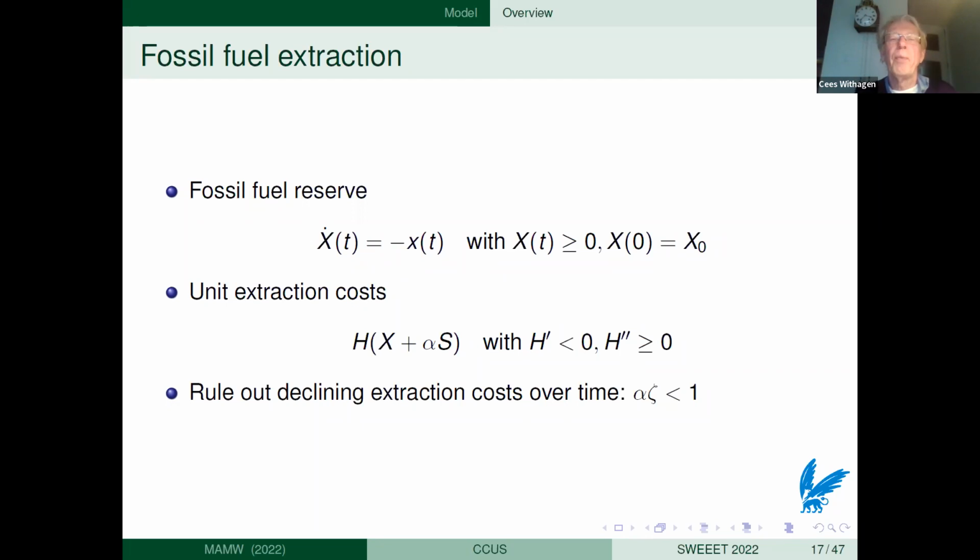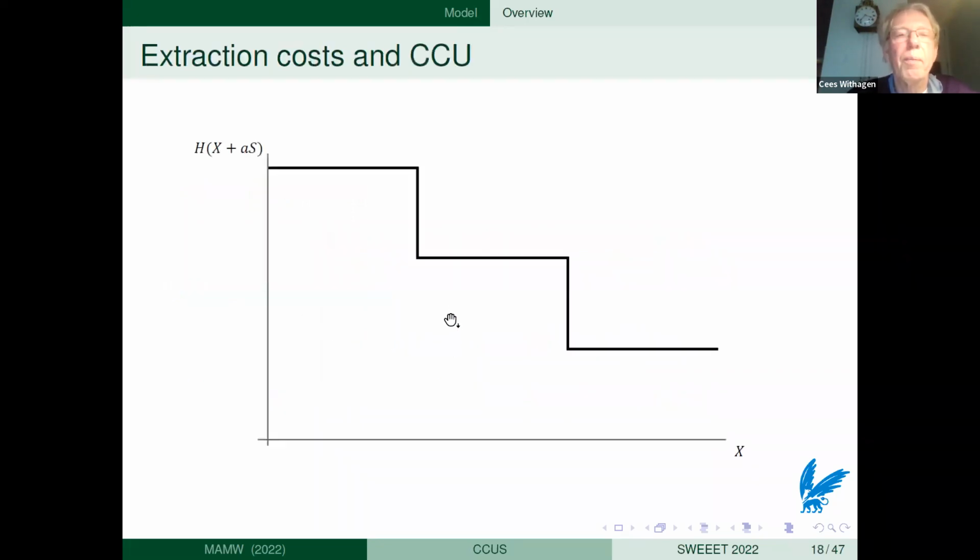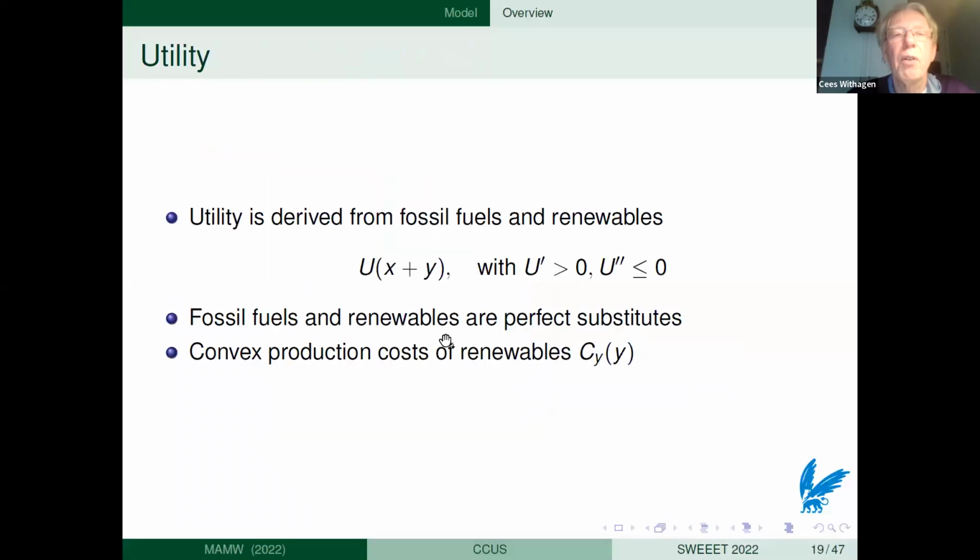So you cannot make things cheaper by inserting a lot of CO2 into the wells. I will check this.